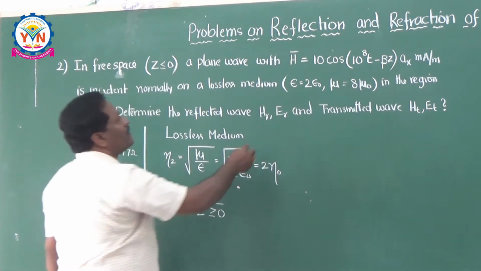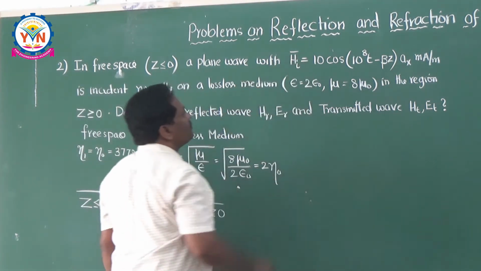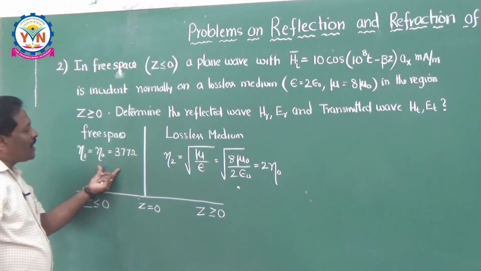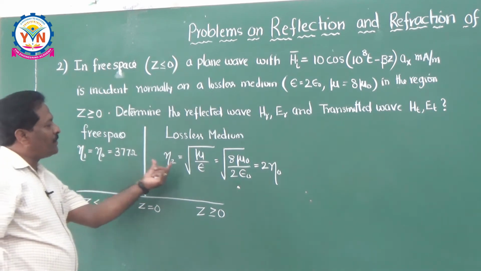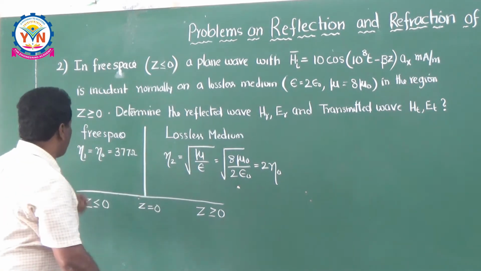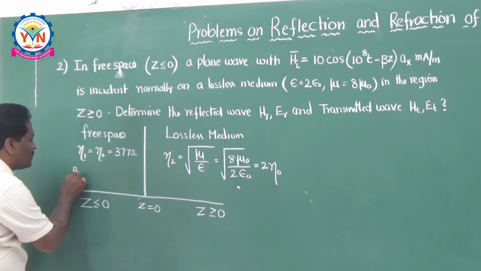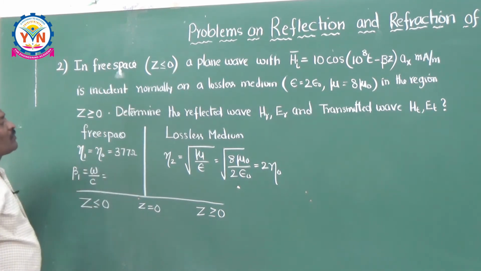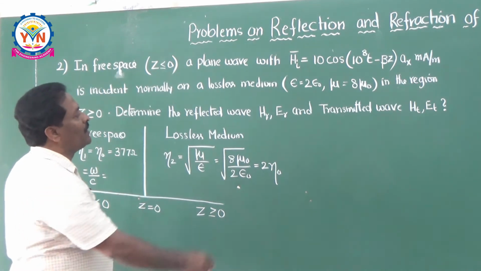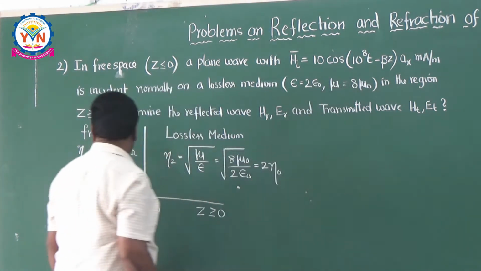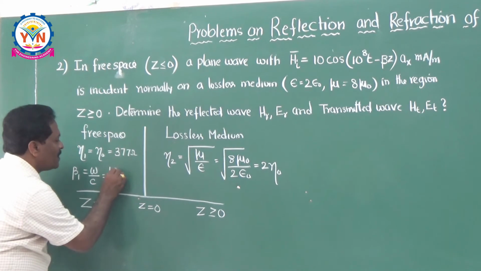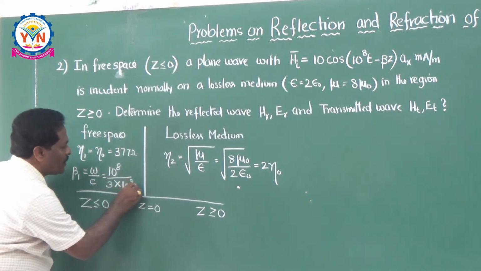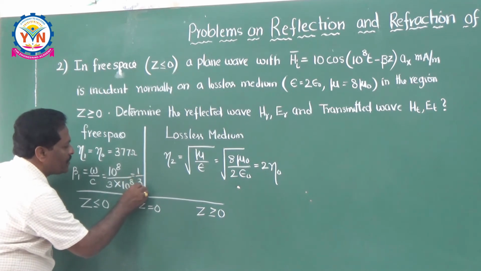He has given the incident wave H_i in this medium. So let us calculate what is beta 1 and what is beta 2. Beta 1 is equal to omega by c, where omega is 10 power 8 divided by the velocity c, 3 into 10 power 8, which is 1 by 3.